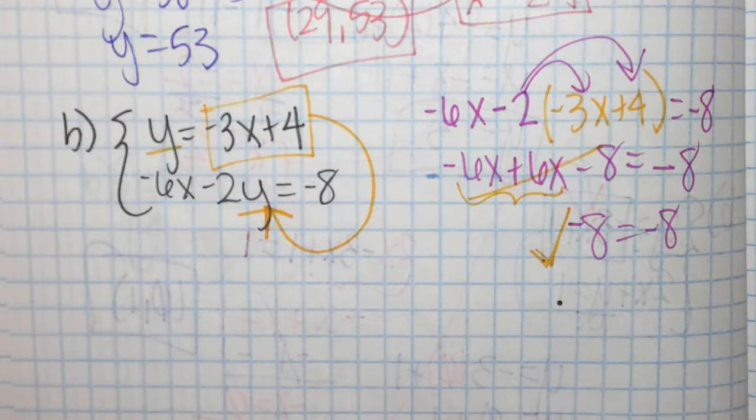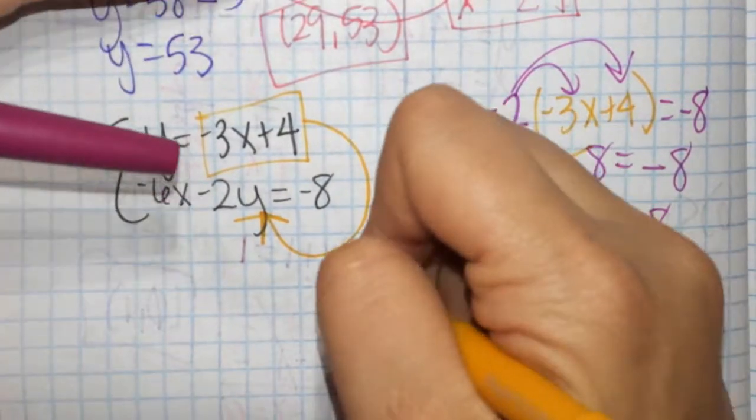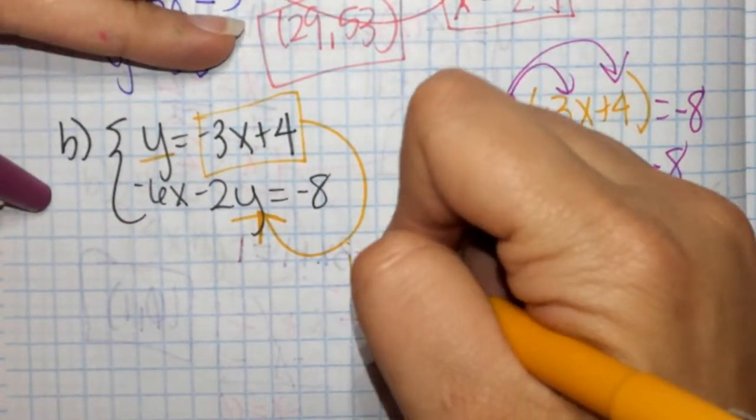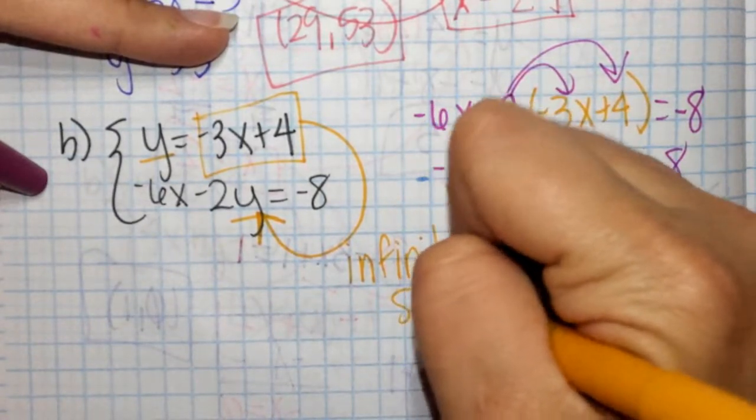I-N-F. In front. I-N-F-I. Infinite! Take a point, baby. I said infinite. You said infant, like a baby. No. Infinite solutions.